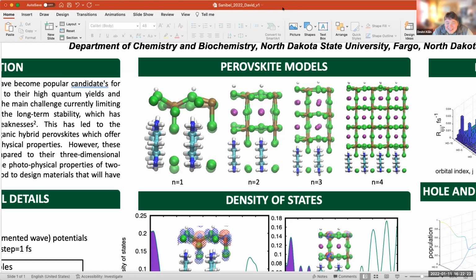Okay, good enough. And I don't know about two-dimensional, but for three-dimensional perovskites, if one explores them at absolute zero, the most energetically stable crystallographic phase is not cubic.